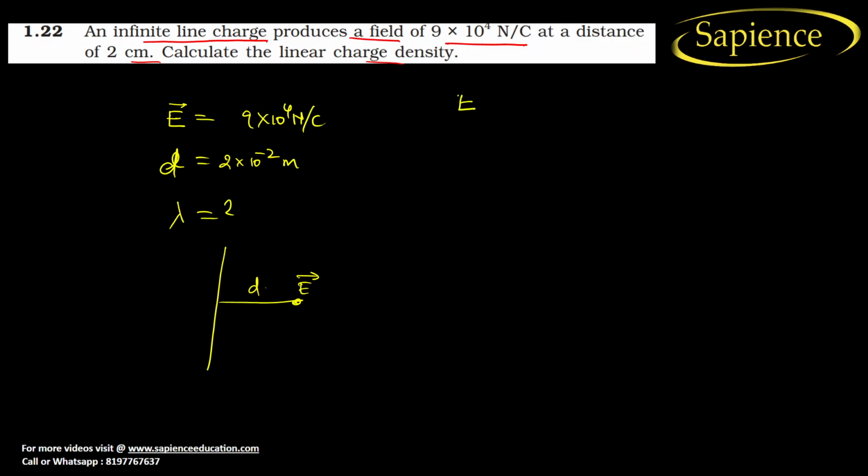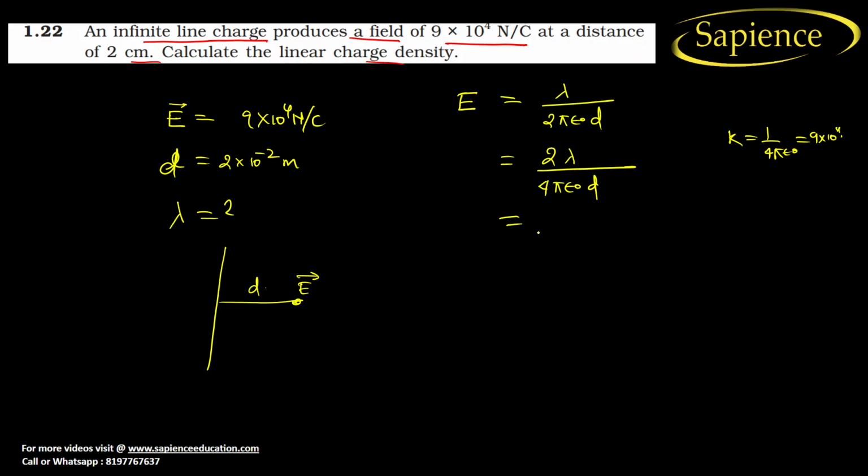Electric field E is equal to lambda divided by 2 pi epsilon naught D. Now we can also write 2 lambda divided by 4 pi epsilon naught into D. Now K is equal to 1 by 4 pi epsilon naught, and this is equal to 9 into 10 to the power 9 Newton meter square per Coulomb square.